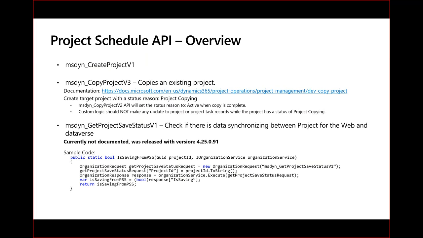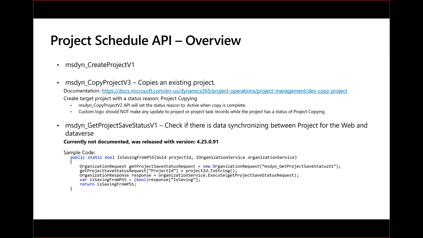The last action that I want to highlight here is GetProjectSaveStatus. This is a new one and is basically a function that can be used for finding out if Project for the Web is still synchronizing data for a specific project. So how does it work? We're going to create an organization request of type GetProjectSaveStatus.